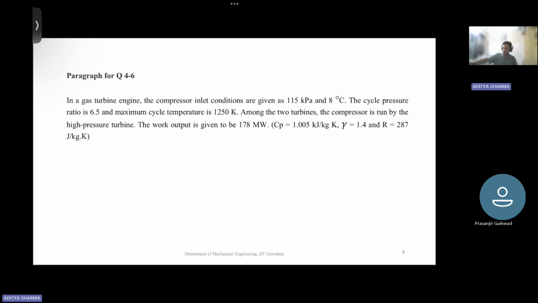The paragraph has been given for question number 4 to 6. Please read this first and then we'll solve this.